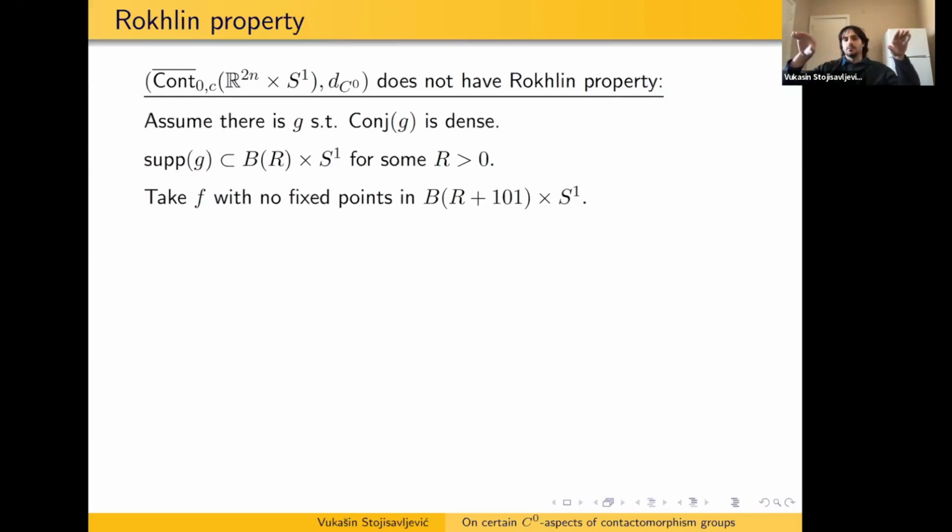I can take a function which is equal to 1 over this ball and then cut it out somewhere at infinity, and then take a small time isotopy of such a cut-out Reeb flow. So no problem to construct this.